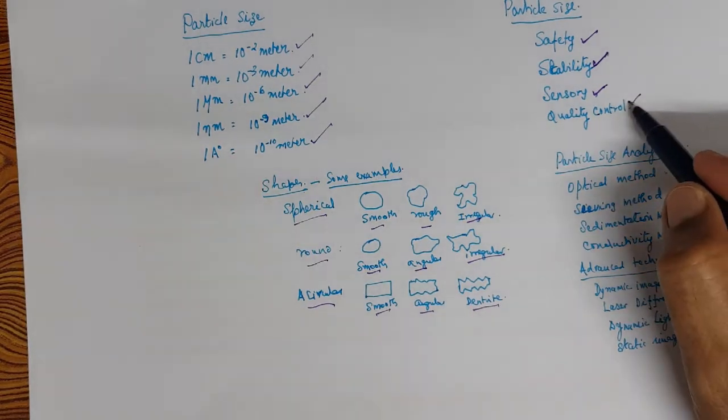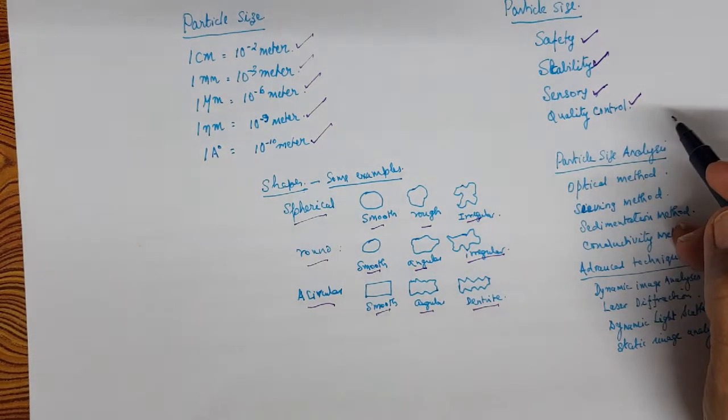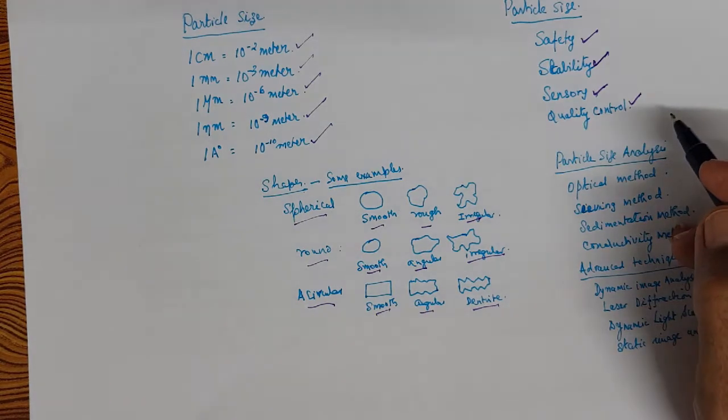And quality control: when you do R&D and standardize certain parameters, particle size, especially in powders, is very, very important, and it has to be standardized in the initial stage itself, so that for batch to batch quality check of the batch, particle size will be very, very important.